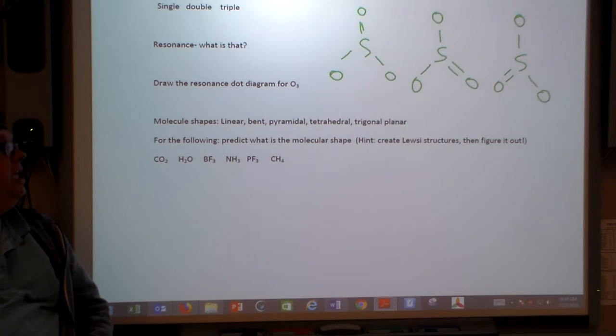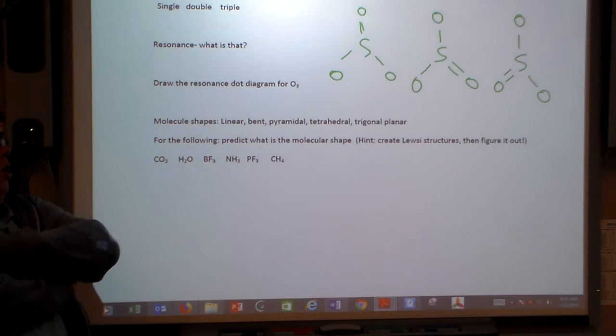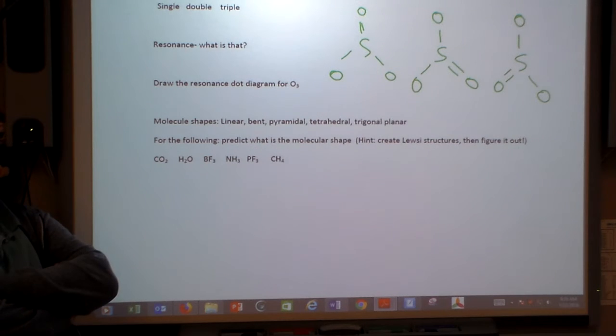The thing is, which one is it? The correct answer is they all are. The real SO3 is a hybrid of the three of them. That double bond exists for all of it, for all those oxygens bonded with the sulfur. So it's a hybrid. Okay?